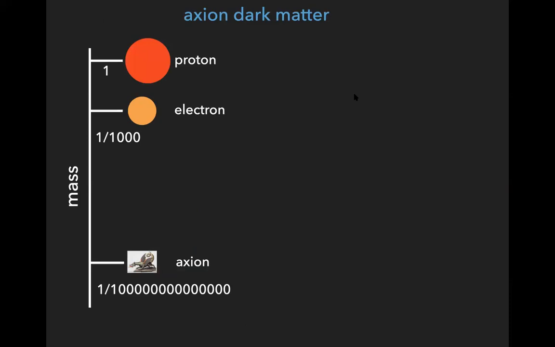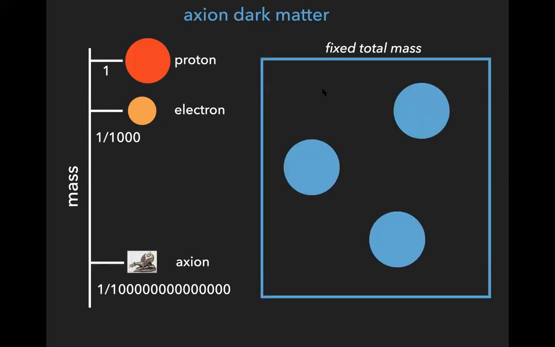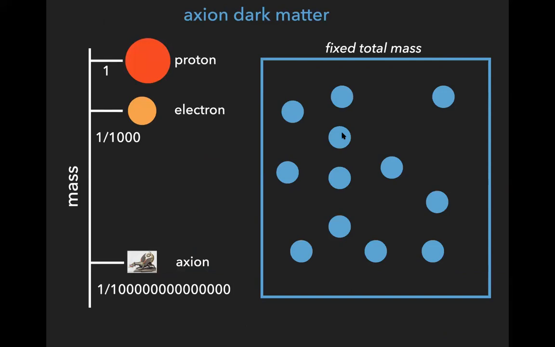First, the language that we use when we talk about axions as dark matter is very different from the language we use when we talk, for example, about WIMPs as dark matter. And the reason is that axions just have a really small mass. So what we measure in astrophysics with dark matter is the amount of stuff, the amount of mass within some fixed volume. As we make the mass of the individual particles smaller and smaller, we simply need more particles to make up that fixed total mass.